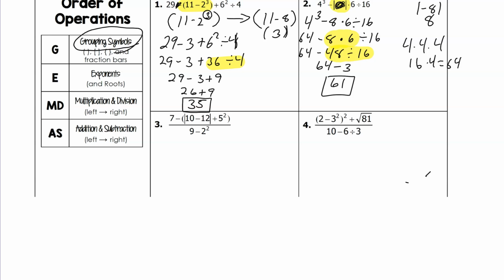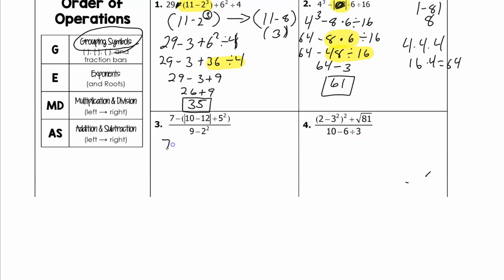All right, number 3. We got a lot going on here. We have grouping symbols, we have fraction bars, we have absolute value, we have parentheses, exponents. So we have to look at this and kind of deal with it. The way I like to deal with fractions is the top of the fraction, the bottom of the fraction. So let's just deal with the top of the fraction.